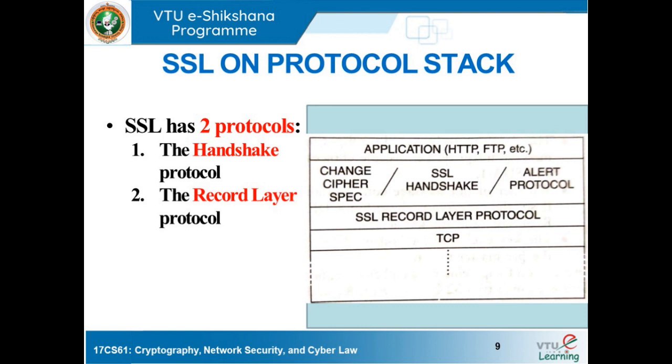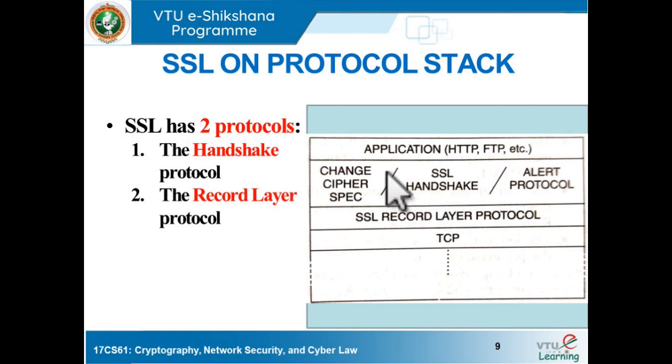Moving further, let us have a look at the protocol stack of SSL. SSL has two protocols. Over here we can see that SSL is sandwiched between the application layer and the TCP layer. SSL in turn has two protocols. One is the SSL handshake protocol and the other one is the record layer protocol.